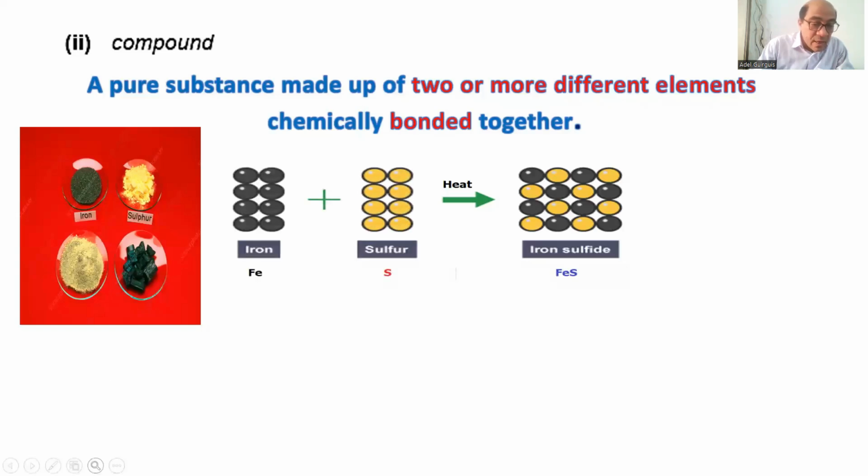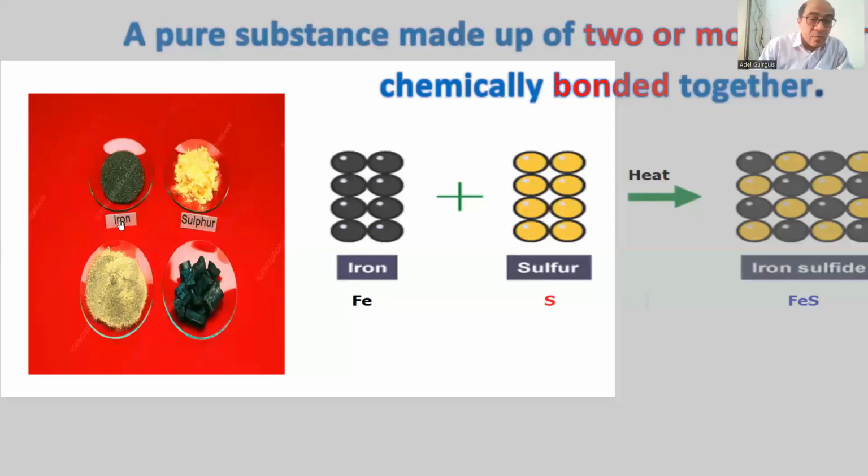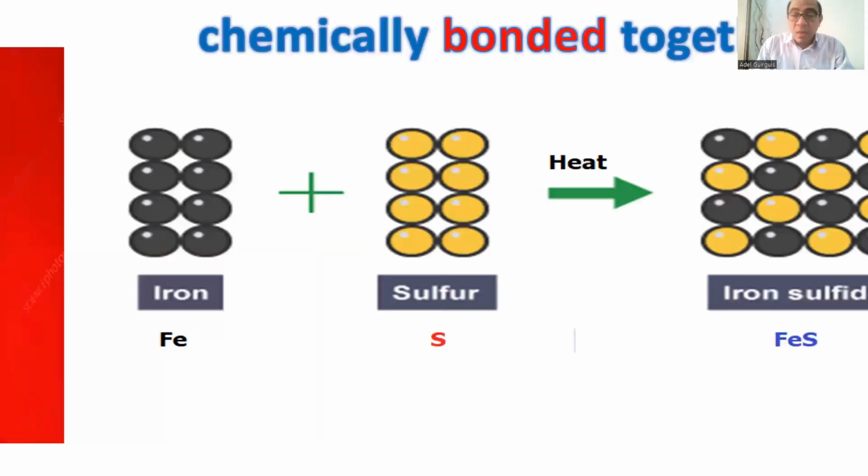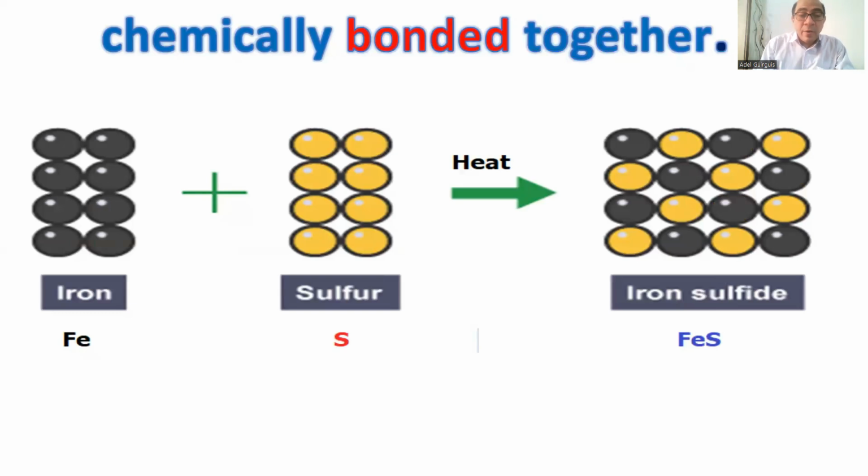If we take iron filings in a watch glass, and sulfur in another watch glass, we put some of the iron filings in a test tube and add sulfur to the same test tube, then heat both. Iron reacts with sulfur to form something called iron sulfide, FeS.